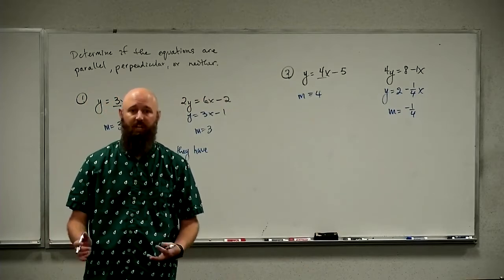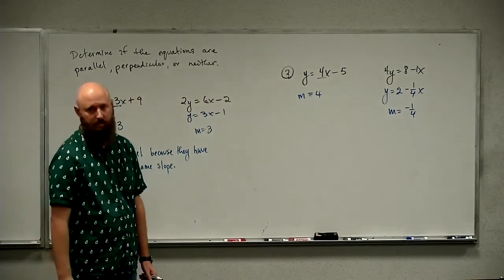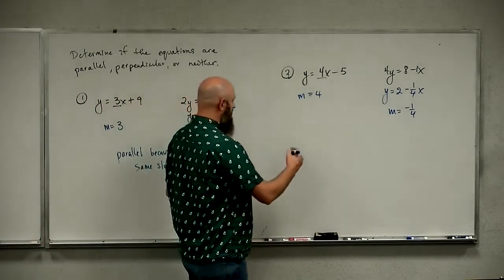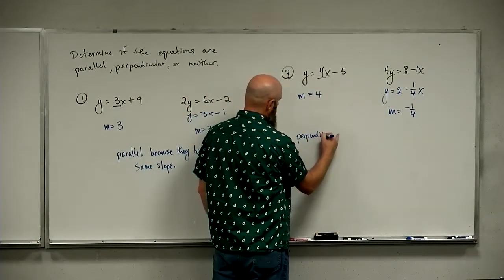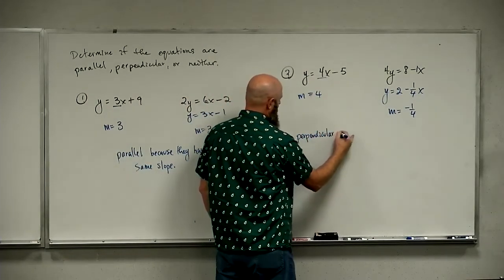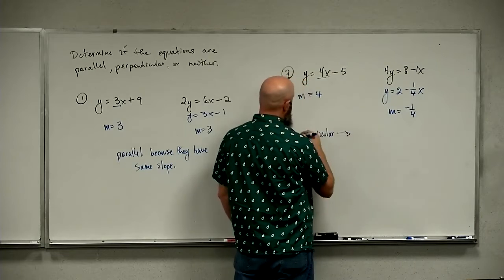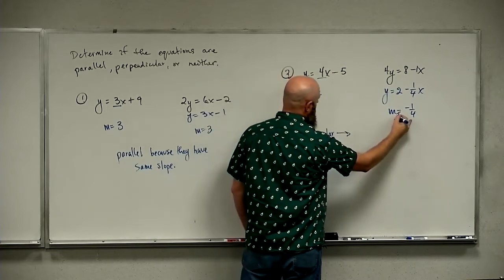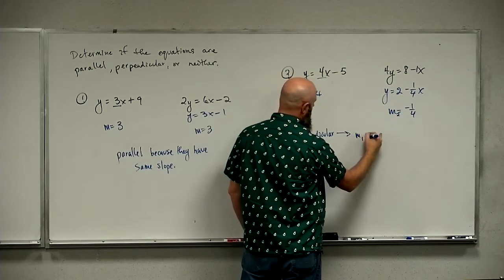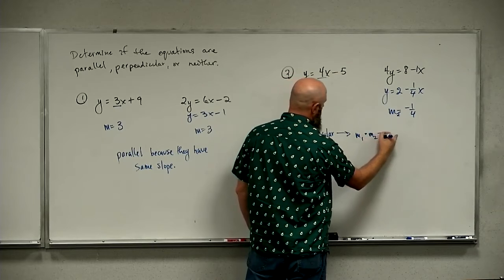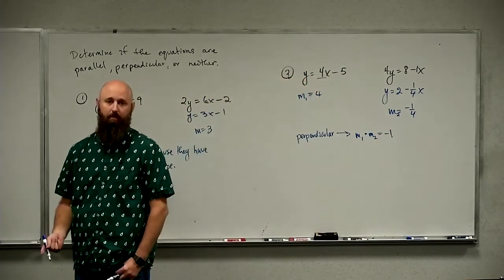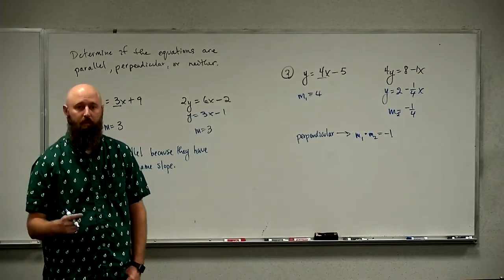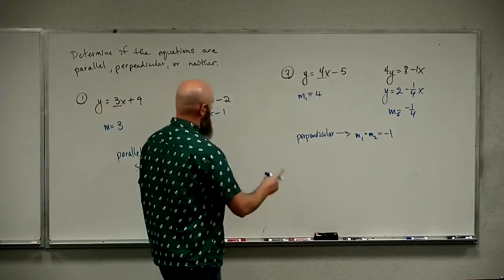So we now need to check and see, is it perpendicular? So for perpendicular, remember, that means that if I take our slopes, we'll call these m1 and m2, m1 times m2 must equal negative 1. That's what perpendicular means. We multiply the slopes. All right, so let's do that.